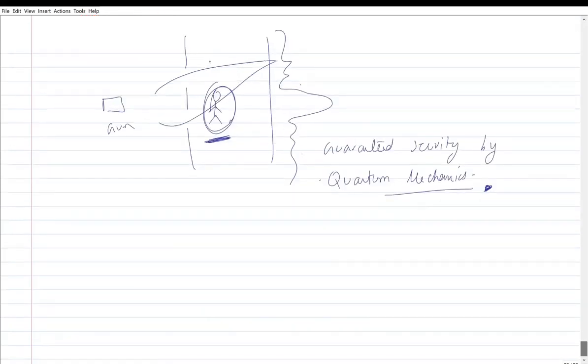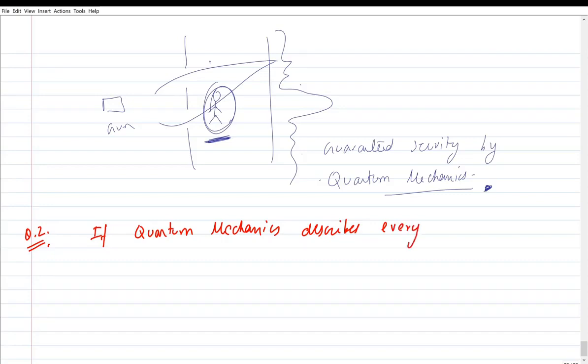So as a last question, challenge question number 2 would be, if quantum mechanics describes everything, which we believe it does. The universe is quantum mechanical.